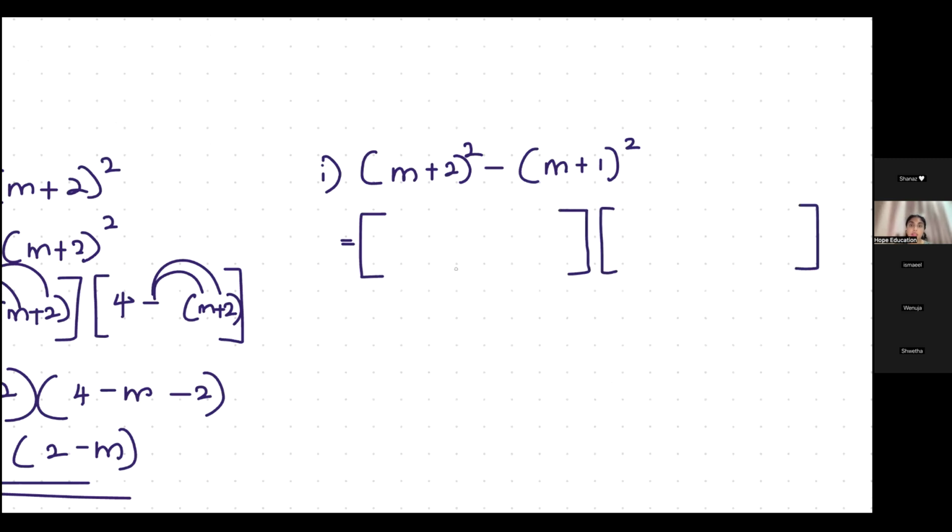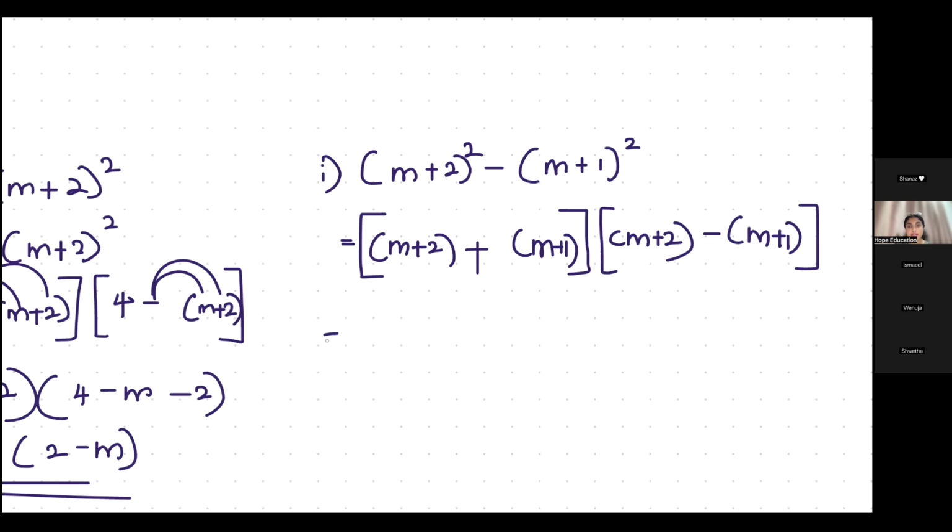The m plus 2 squared, one m plus 2 here, the other m plus 2 here. Then from (m plus 1) squared, one m plus 1 I put here, the other m plus 1 I put here, and then here I put plus, here I put minus.